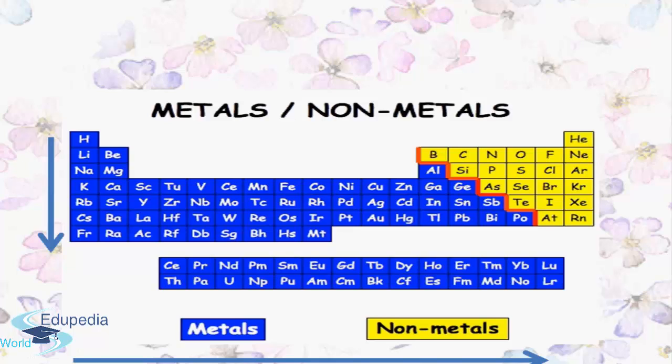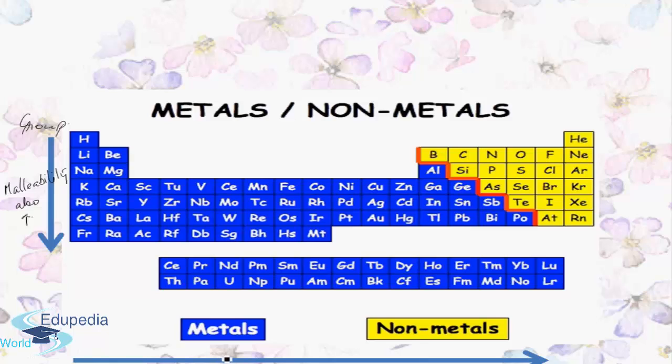So by this, we can conclude the gradation of variation of this property. When we move in a group from top to bottom, the metallic character increases, so the malleability property also increases.